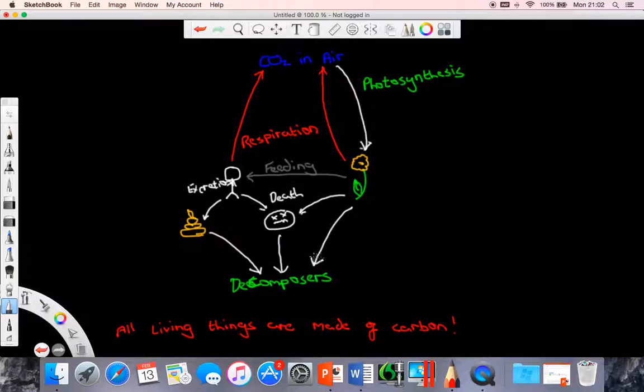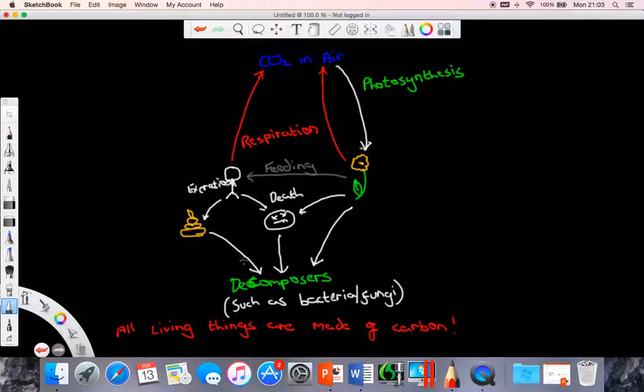So decomposers break down these dead organisms, they break down the dead animals and the dead plants, and they also break down the poo or any excrement, and they release carbon dioxide as they do this. So decomposers include such things as bacteria or fungi.